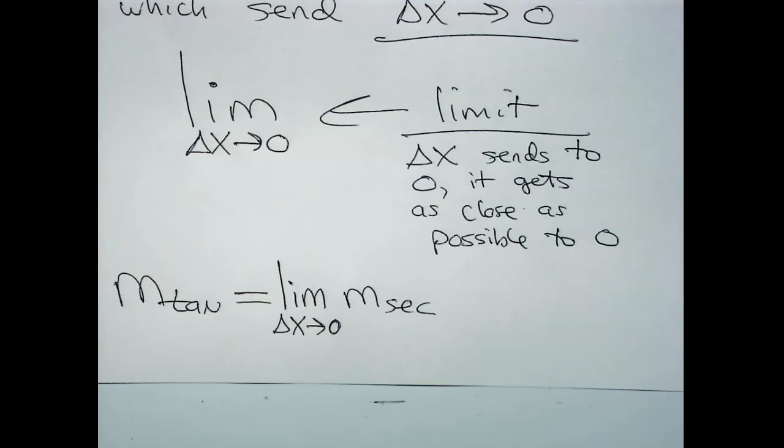And the very last thing I want to talk about is the area beneath a curve. We'll finish with that. So take a look at the area beneath a curve.